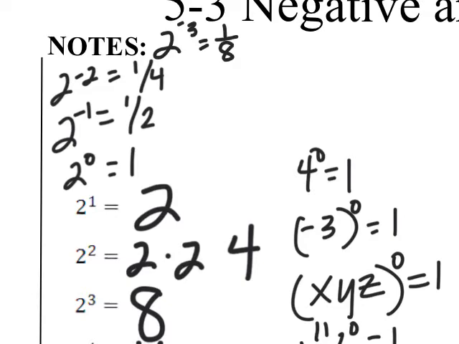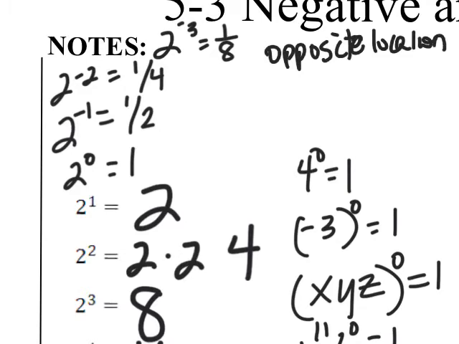So what's really going on is that you are changing the location, essentially, of that base. So when you see a negative exponent, I want you to think that it moves to the opposite location. So if it began on the top of the fraction, it goes to the bottom and vice versa. So let's just do 2 to the negative 1 for ease. 2 is the same thing as 2 over 1 to the negative 1.